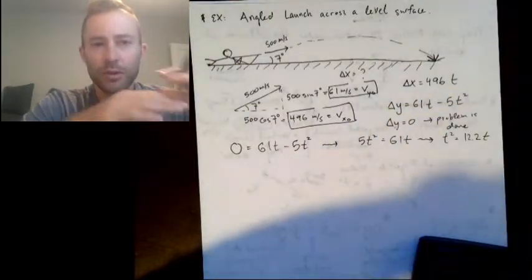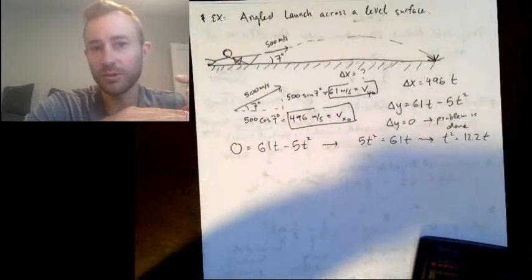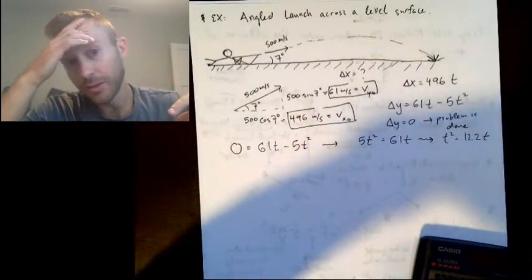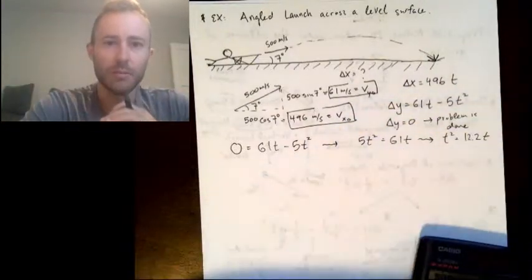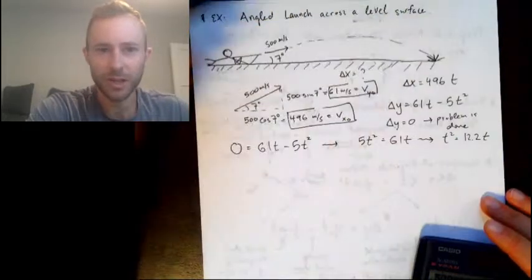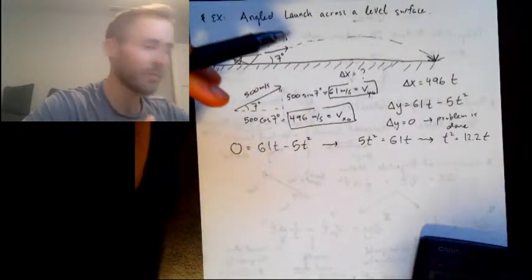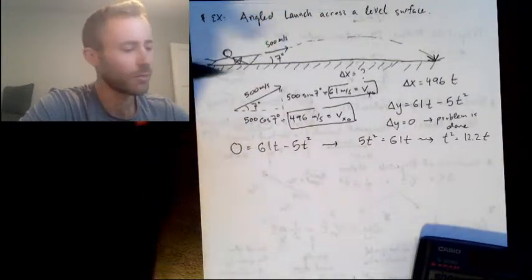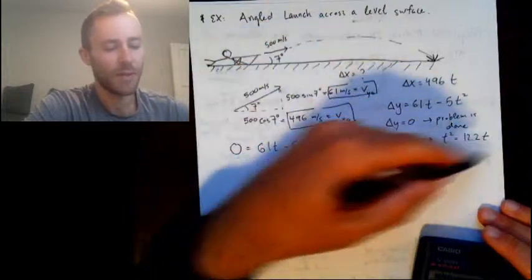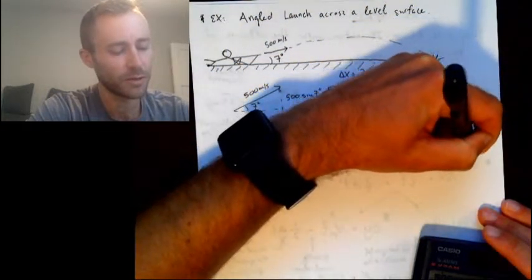Now, whenever you divide by a variable, you have to be careful that that variable is not equal to 0. I know that time is not equal to 0 because it's not an infinitely fast projectile. It's going to take at least some small non-zero amount of time to go from point A to point B. So I can divide both sides by t, and I get that t equals 12.2 seconds.